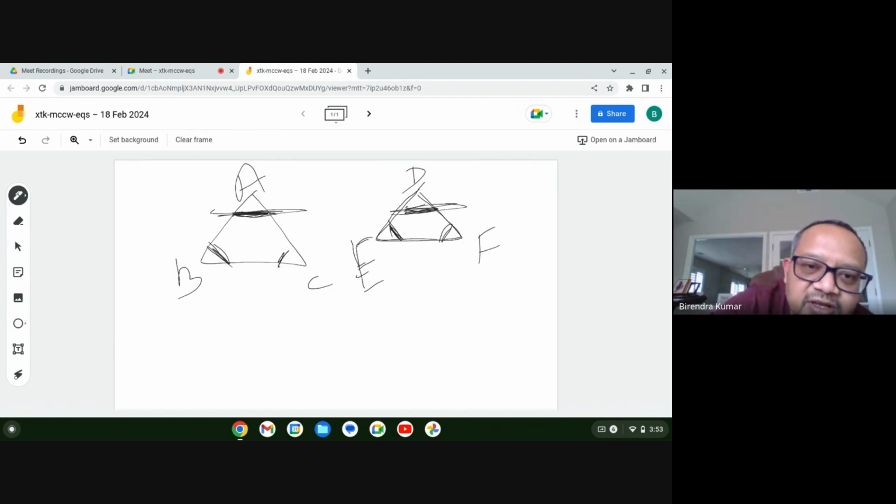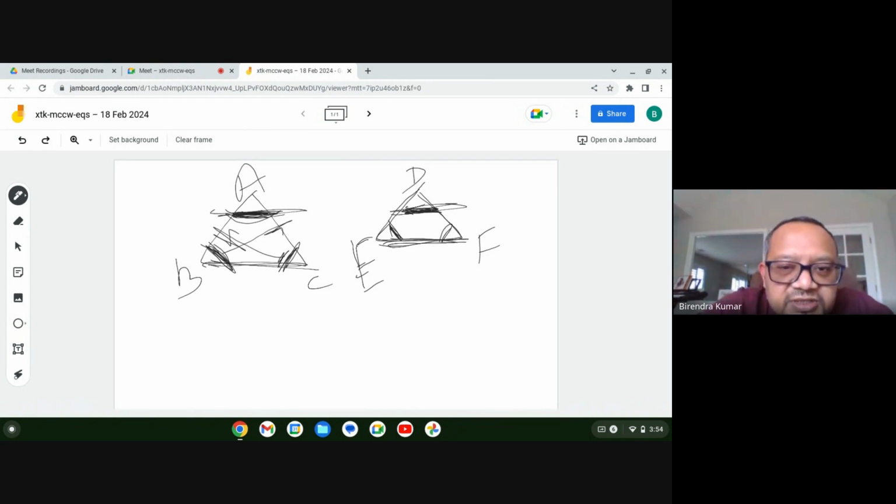What does it mean? If this angle and this angle are the same, what is the opposite side? This angle's opposite side is this one, and this angle's opposite side is this one. Similarly, this angle's opposite side is this one. So here, it says that if there are similar triangles, the opposite sides will be in the same ratio. So now let's play with it.